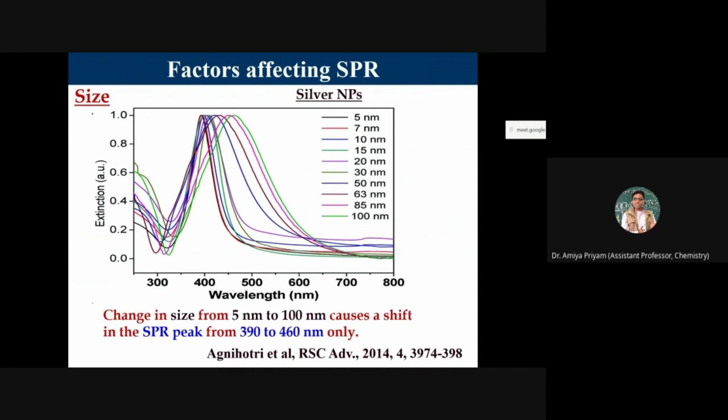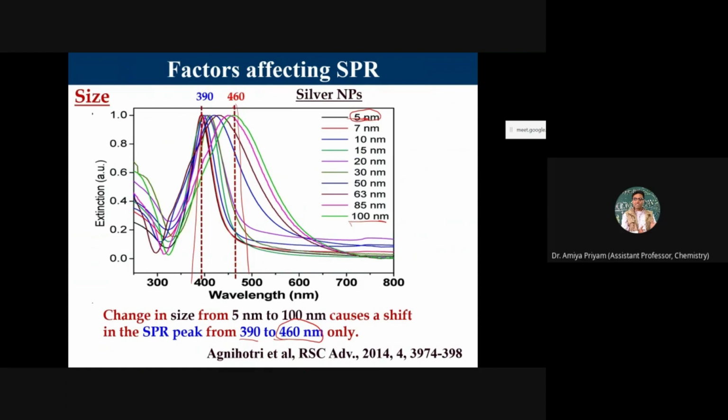Similarly, if you analyze spherical nanoparticles of silver and change the size from 5 nanometers to 100 nanometers, you can see the peak goes from 390 nanometers to only 460 nanometers. So there is around a 70 nanometer change in the absorption peak.